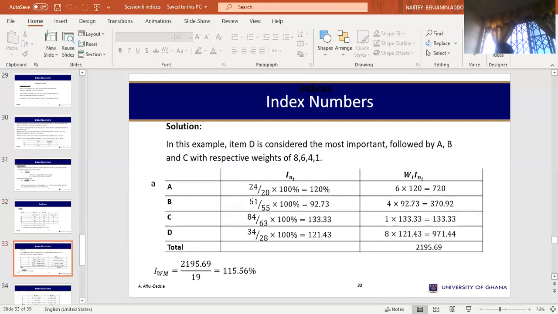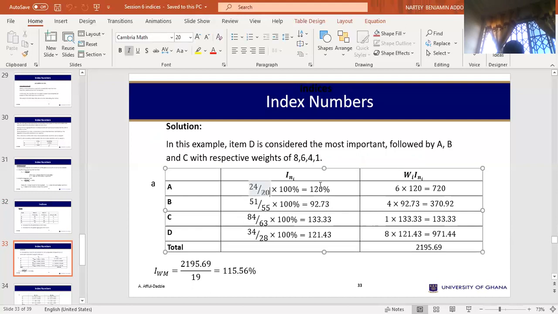To calculate the price index, we rank these items based on the weight. You can see that D carries the heaviest weight. So that will be 24 over 20, 51 over 55, the current year over the base year times 100. So we have all the price indices here, and then we also have the quantity.